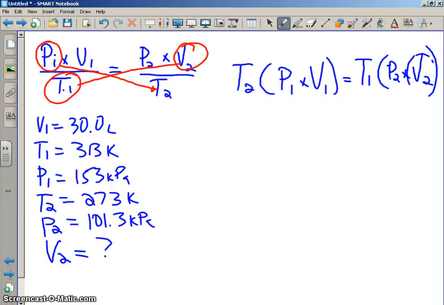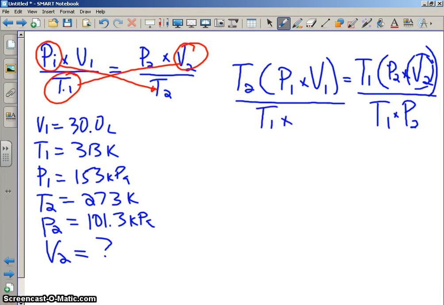How are we going to do that? Well, we're going to divide each side by T1 times P2. Remember there's a multiplication sign there. Of course, we know that this cancels each other out, and that leaves us with V2.